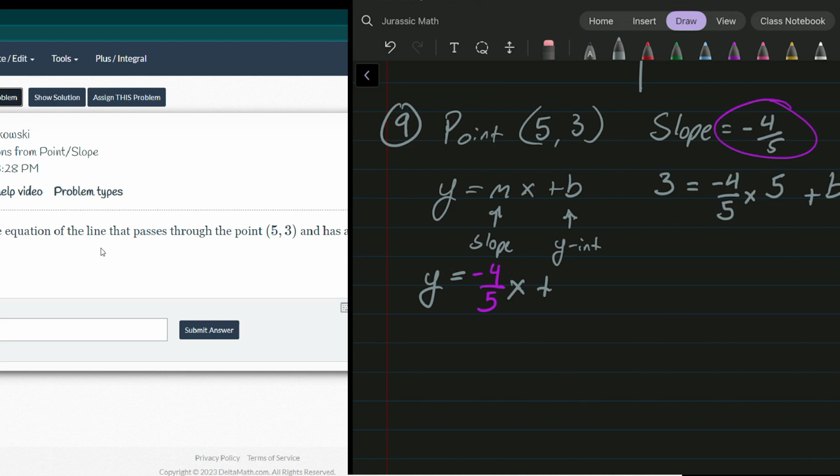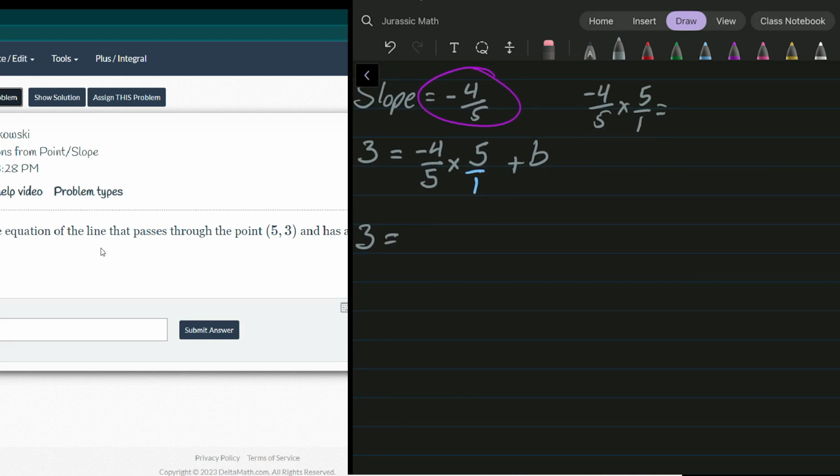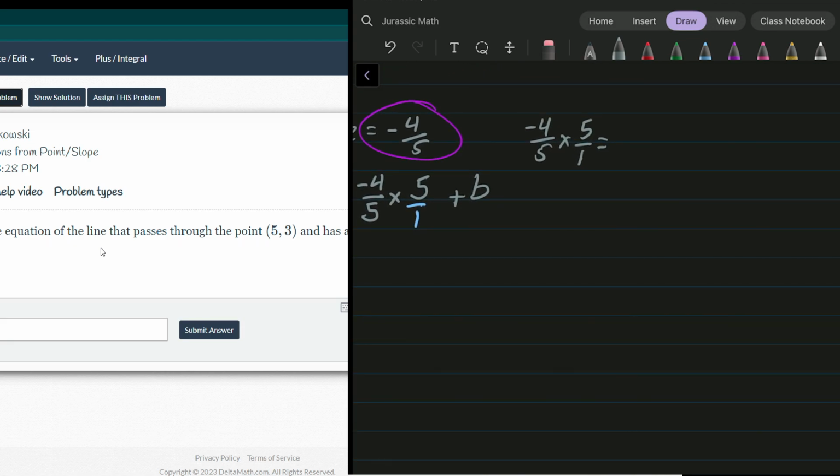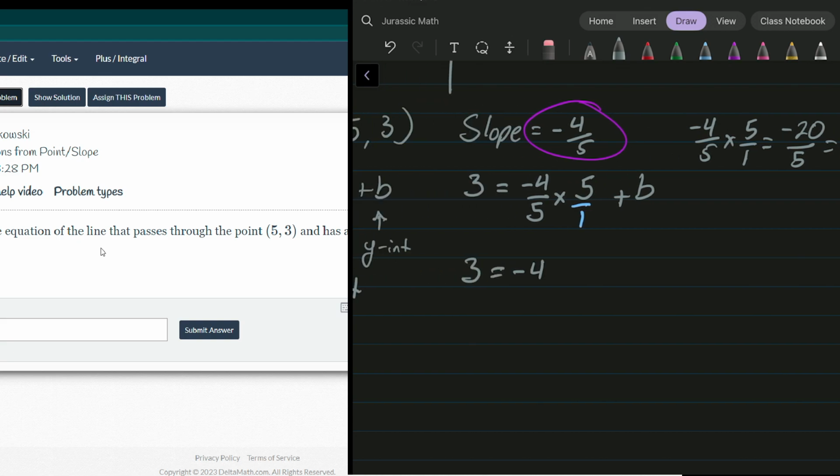Now we should all know we don't like fractions. We're going to put it over 1, and we can just multiply. So 3 equals -4/5 times 5/1 is -20/5, which is just -4. So it's -4 plus b.